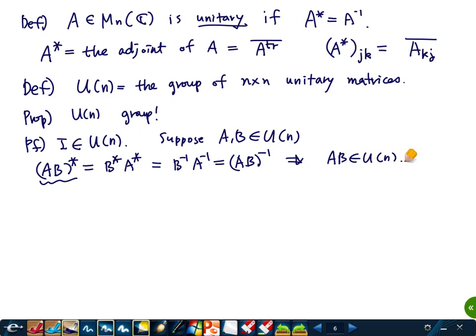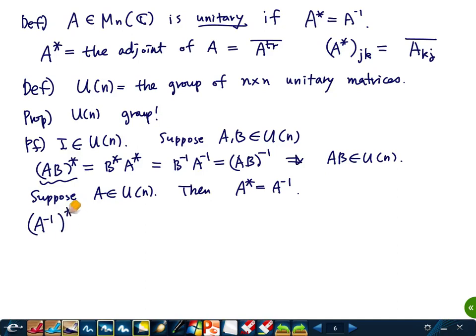Now we have to check if A inverse is also unitary. So suppose A is a unitary matrix, then of course by definition A star is A inverse. We want to know what (A inverse) star is.